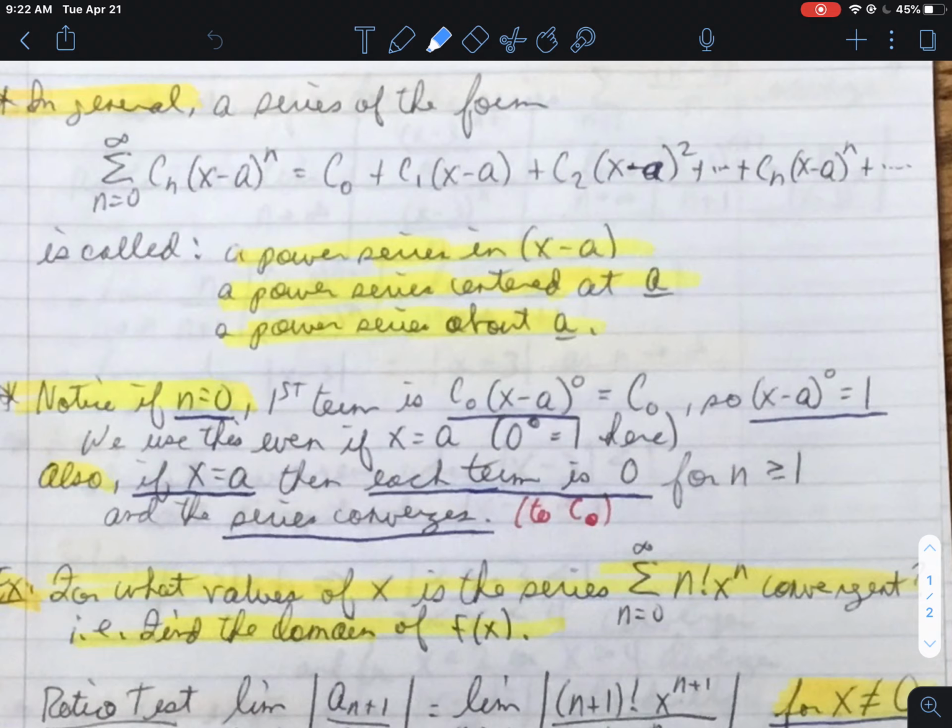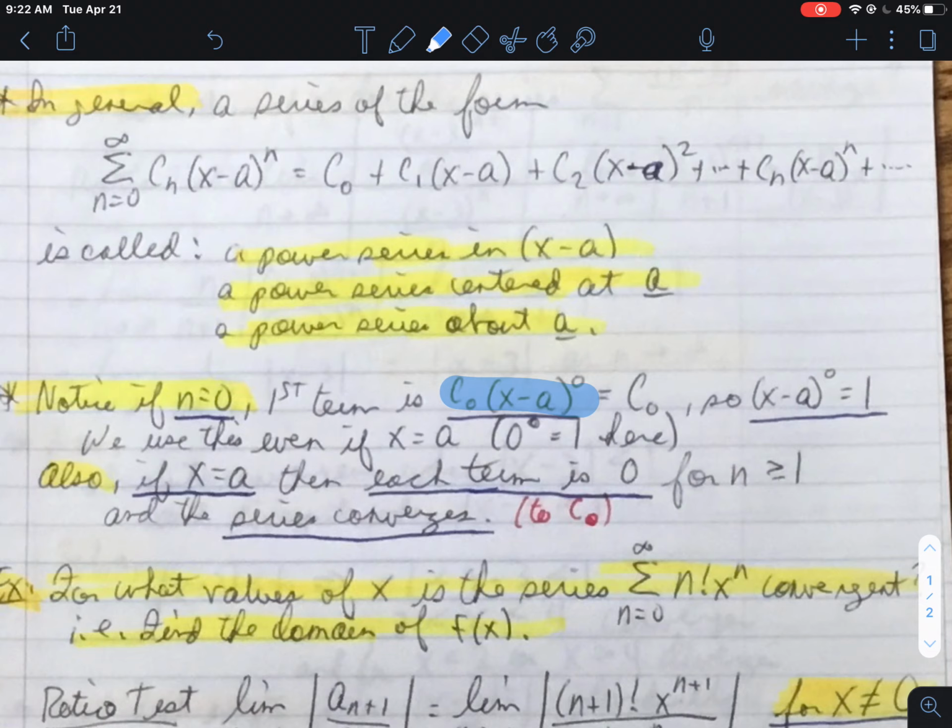But it's a power series of the form where, instead of just x to the n, we have x minus a to the n. Now notice, if n equals 0, the first term would be c sub 0 times x minus a to the 0. And that's just a constant, because, a little clarification, any non-zero constant raised to the 0 power is 1.